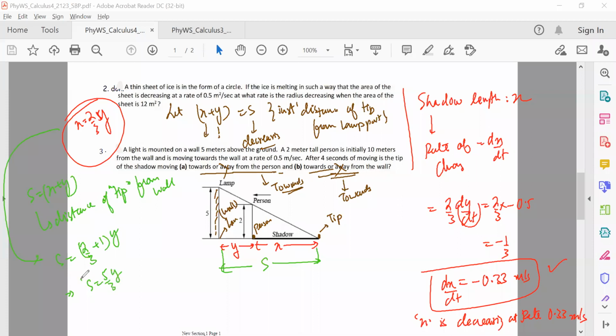So we can write 5/3 times Y. Now the rate at which the distance is changing is 5/3 times dy/dt. So that is 5/3 into minus 0.5.